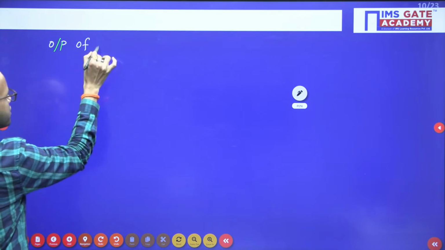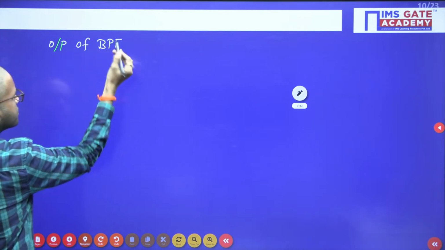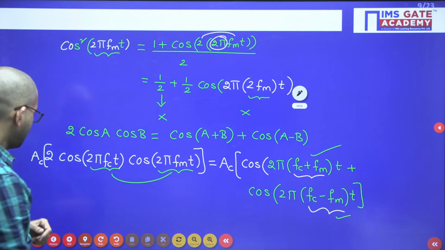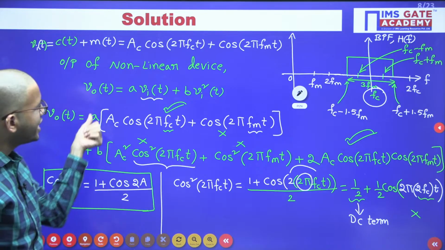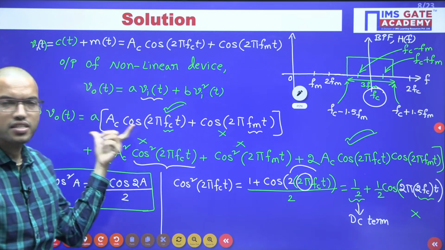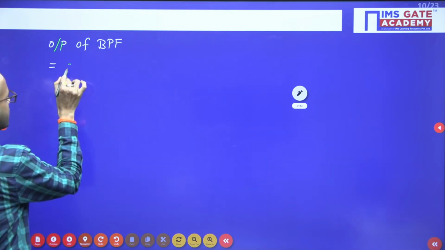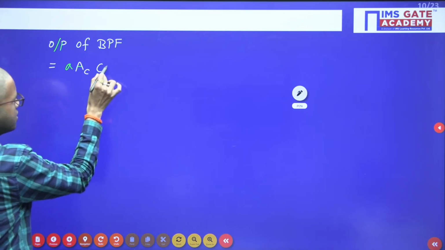Output of band pass filter. So the first term, if you observe, is A into AC cos 2 pi FCT.